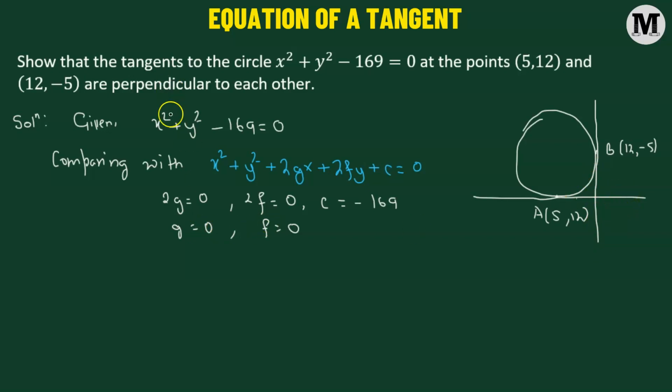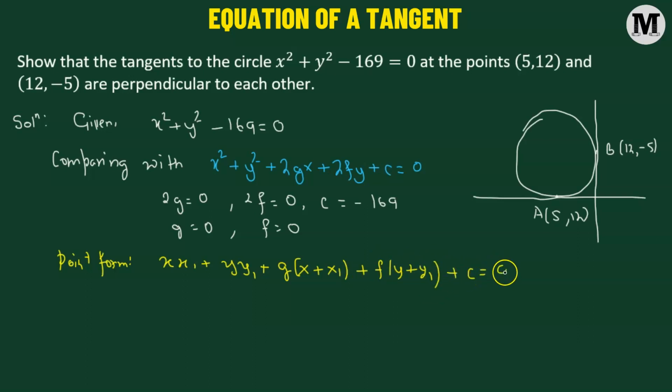Now we know that there's an equation of the tangent line which is given by the point form. The point form of the tangent line is given by the equation x times x1 plus y times y1 plus g multiplied by (x plus x1) plus f multiplied by (y plus y1) plus c equals 0. Here (x1, y1) corresponds to the coordinates of the point of contact.